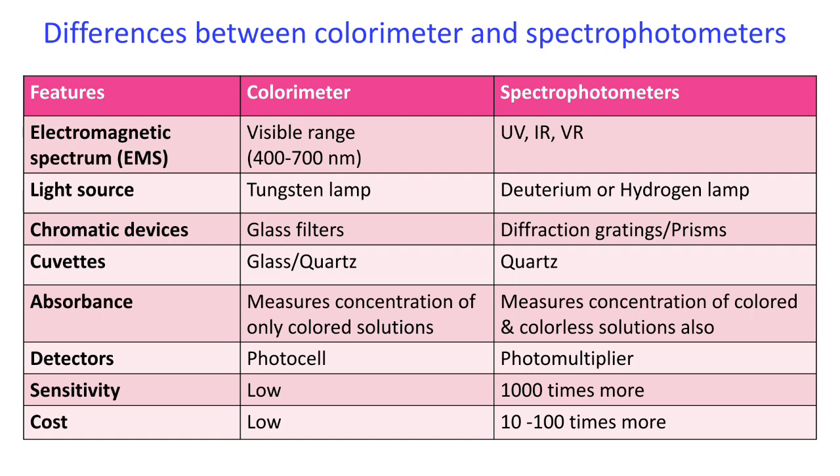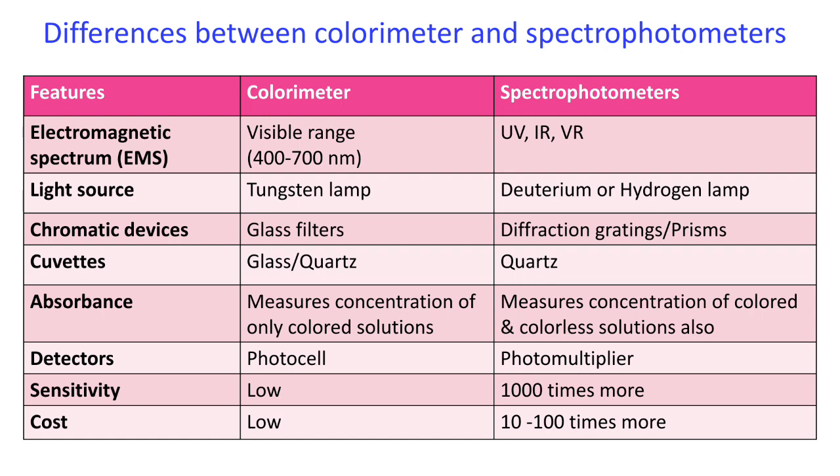The light source in the colorimeter is a tungsten lamp, whereas in the spectrophotometer it is deuterium and hydrogen lamps. The deuterium and hydrogen lamps are also costlier than tungsten lamps, which is one of the disadvantages of the spectrophotometer. For the chromatic devices, the colorimeter uses glass filters, with which we can select only a range of wavelengths, not a specific single wavelength.